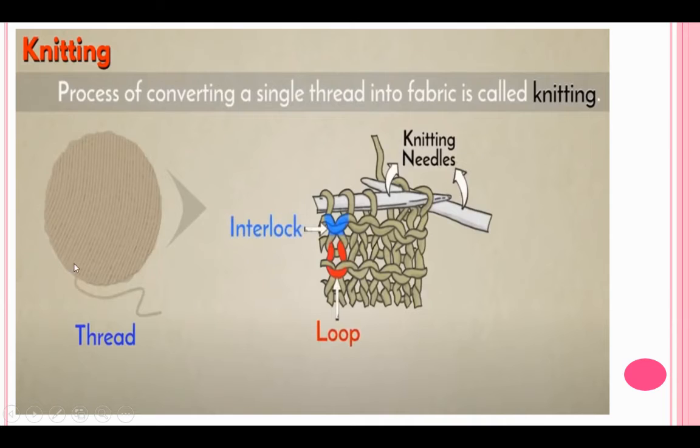Here, I have shown that I have taken thread and made a fabric with the help of that thread and needle. Whatever you see here is called interlock. The wool is locked among itself. That is called interlock, right?